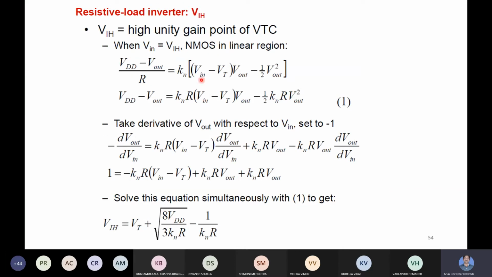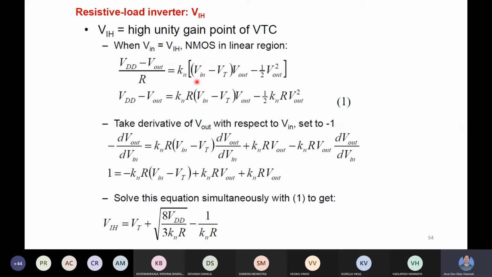Also VIH can be calculated at the second negative slope point in the VTC plot. At this high unity gain point, the input voltage can be written as VIH, and in that case the NMOS will be in the linear region. Then the linear region equation of ID can be equated with the load current.